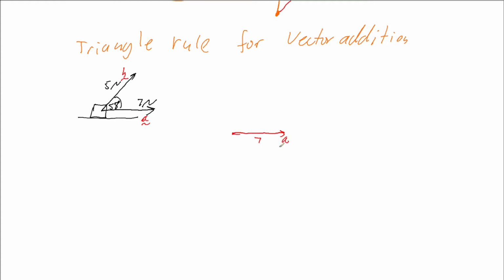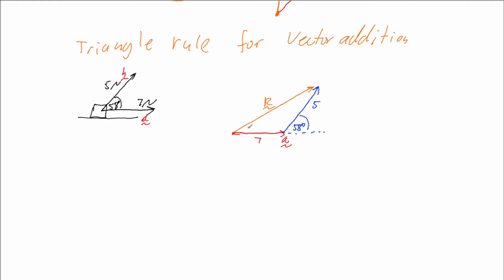That's vector A. Then I can add on vector B, which is coming up here at 5 newtons. It's not to scale, and this is at an angle of 58 degrees. I want to know what my resulting vector R is, the result of adding these two forces together.